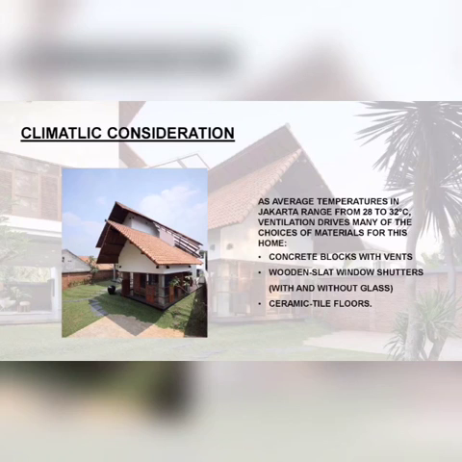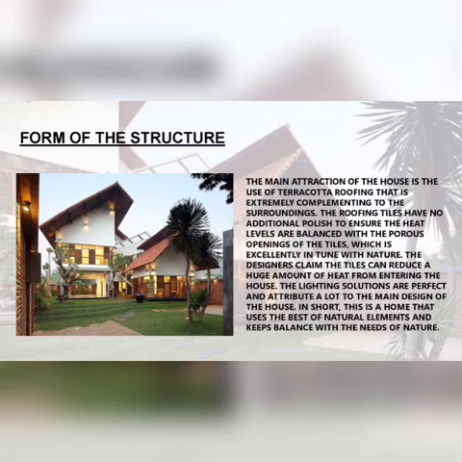Concrete blocks with vents, wooden slat window shutters surrounded with tile floors. The main attraction of the house is the use of terracotta roofing that extremely complements the surroundings. The roof tiles have no additional polish to ensure heat levels are balanced with the porous openings.